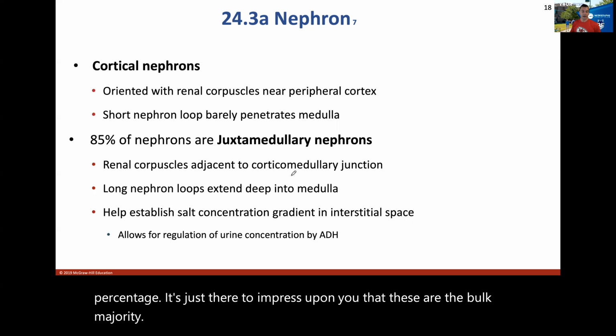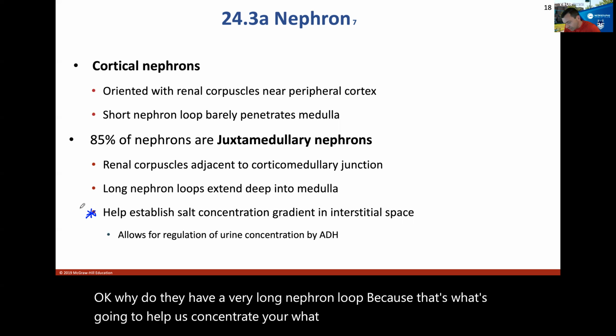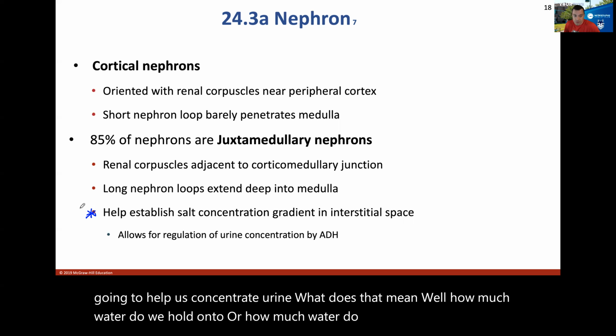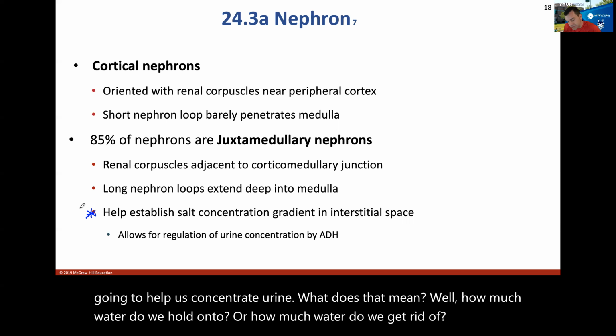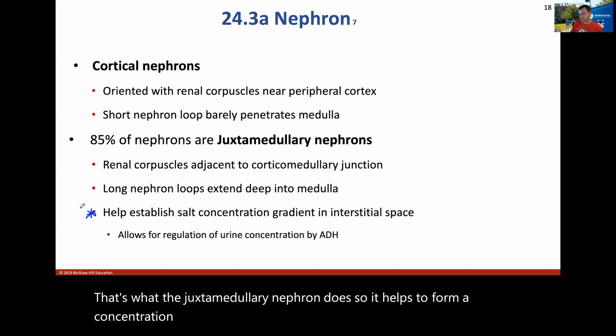Why do they have a very long nephron loop? Because that's what's going to help us concentrate urine. What does that mean? Well, how much water do we hold on to, or how much water do we get rid of? That's what the juxtamedullary nephron does. So it helps to form a concentration gradient, a salt concentration gradient, NaCl.